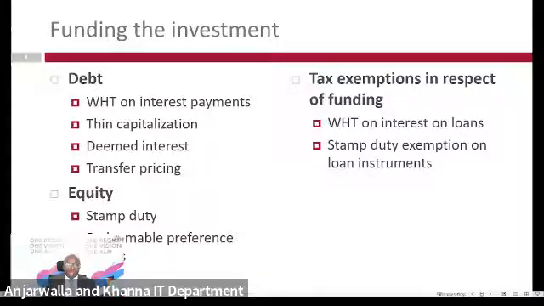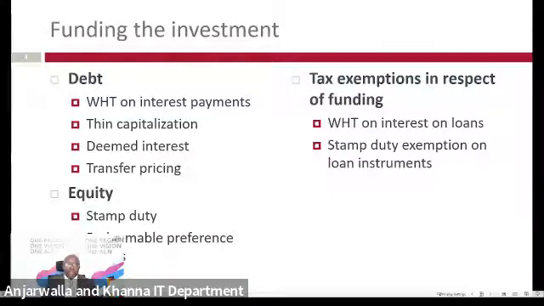So having looked at debt, noting that there are a number of exemptions which may be available where the funding is wholly by way of debt, the balance that we normally look at is ensuring that the investors have a mechanism of extracting profits from the debt in a tax efficient manner, but at the same time being wary of thin capitalization restrictions, because what this means ultimately is the amount of interest which can be deducted ends up reducing.